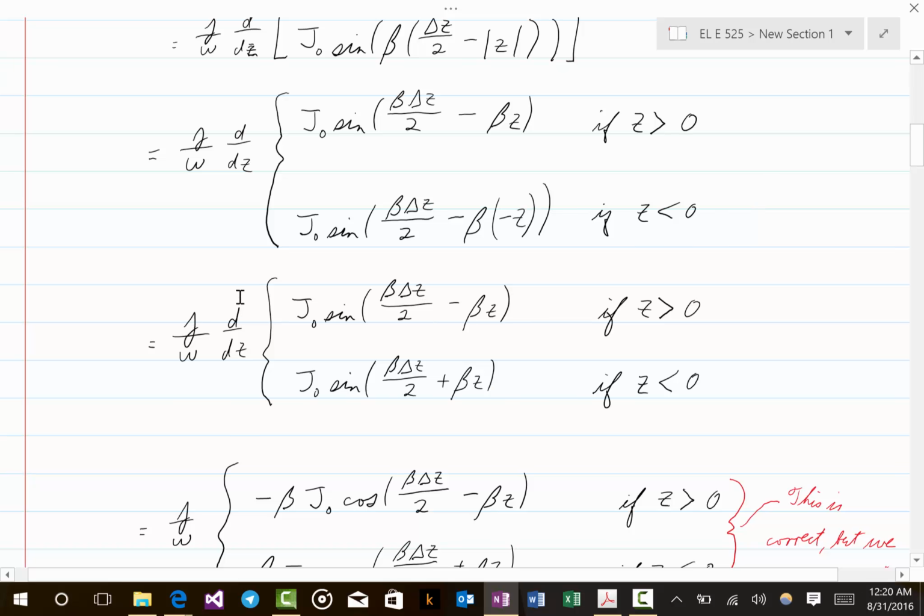So we have j over omega d/dz of j naught sine of beta delta z over 2 minus beta z if z is greater than 0, and j naught sine of beta delta z over 2 plus beta z if z is less than 0.